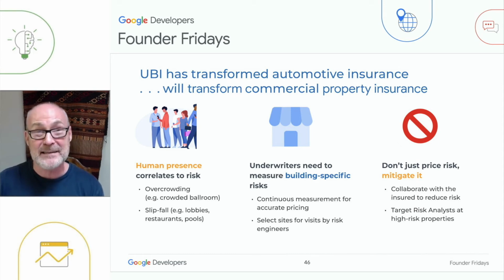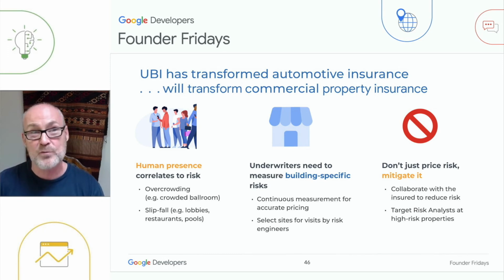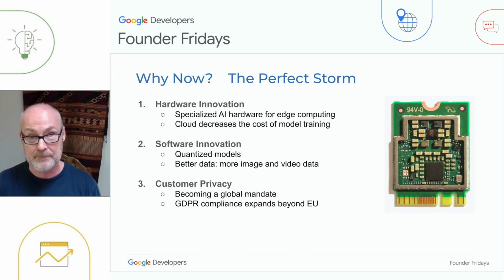And then finally, the key factor here that changes the way insurance is provided worldwide is the opportunity to mitigate risk. It's not just a matter of pricing it. If you can identify those buildings with higher risk, that small percentage that account for the largest part of risk in a cohort, then you're able to reduce risk and reduce the cost of insurance worldwide.